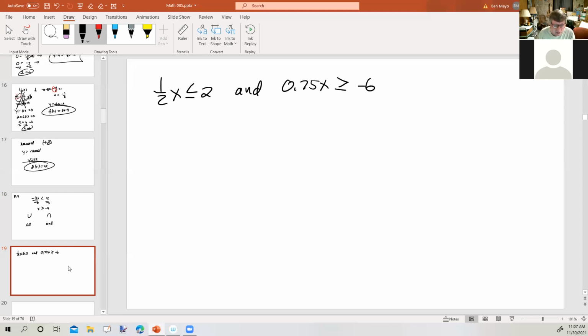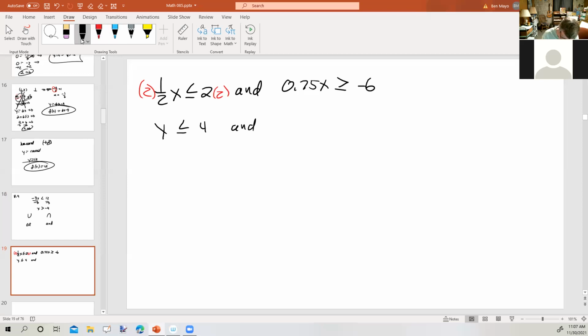I'm going to solve each separate inequality with the variable on the left side. So the first one, I'm going to multiply both sides by 2 to get x less than or equal to 4.